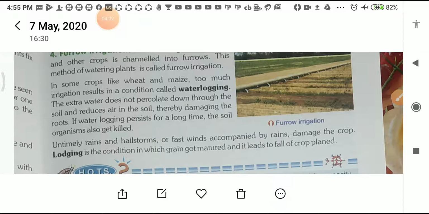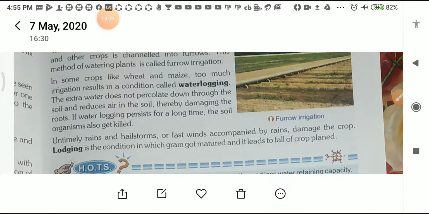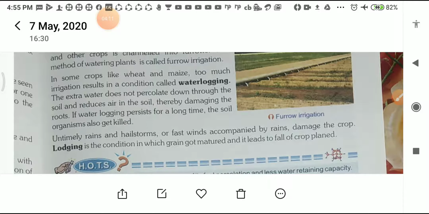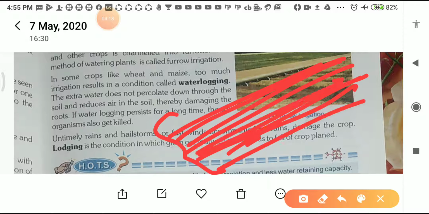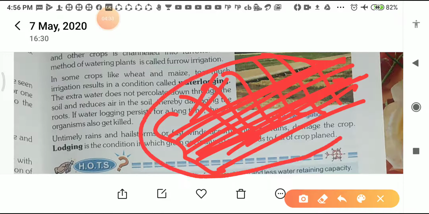If waterlogging persists for a long time, the soil organisms also get killed. Students, in the field very helpful microorganisms are also present. If lots of water is present in this field, then this water can destroy the microorganisms also, and this can also destroy the crop field.